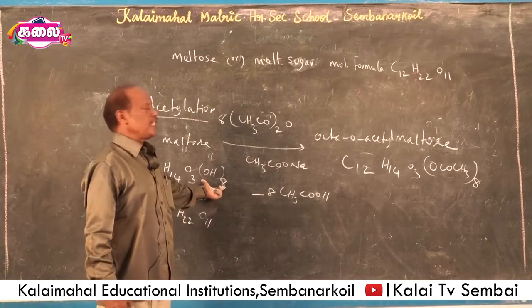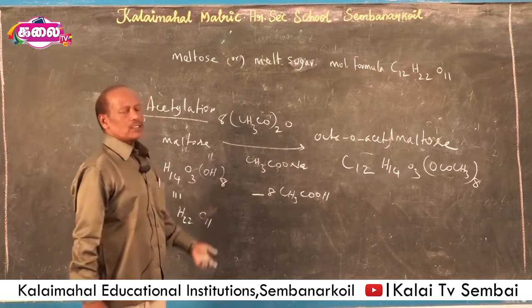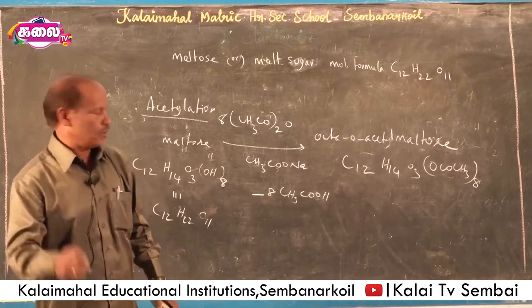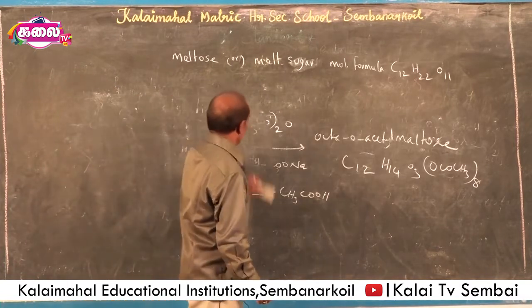Since maltose is a stable compound, the 8 hydroxyl groups must be present on 8 different carbon atoms. Then let us come to the structure of maltose.